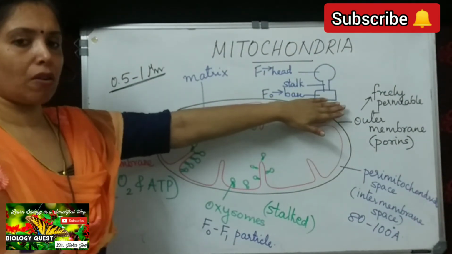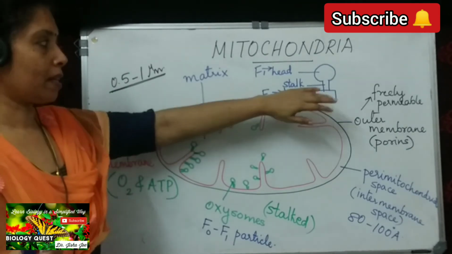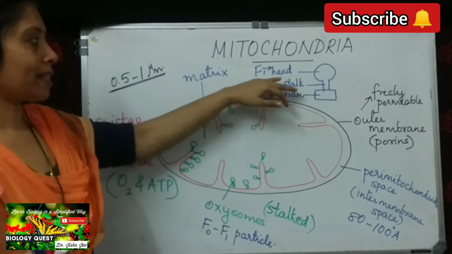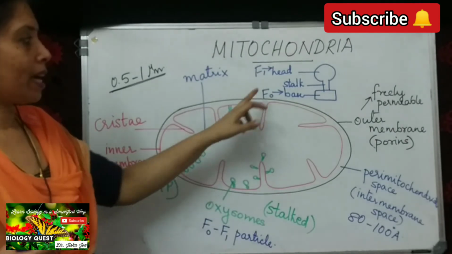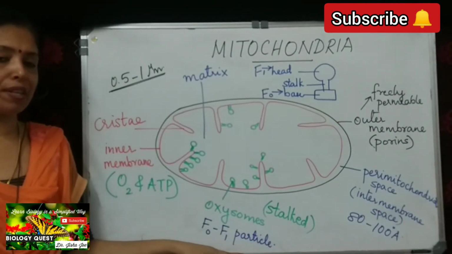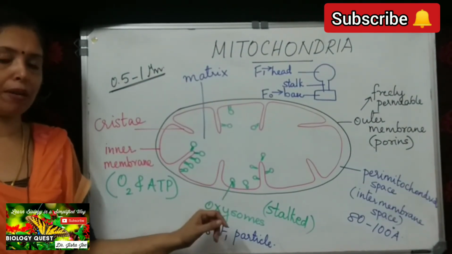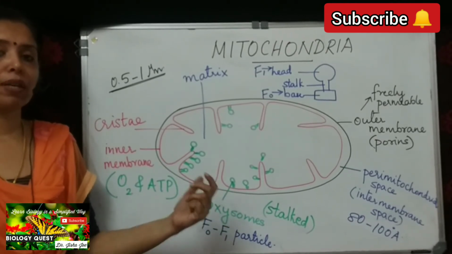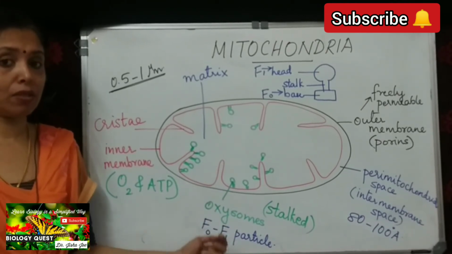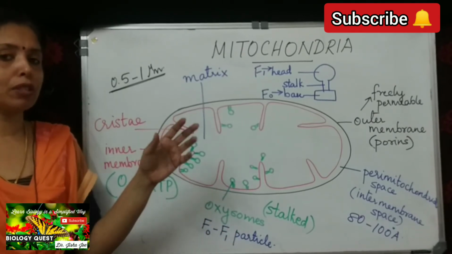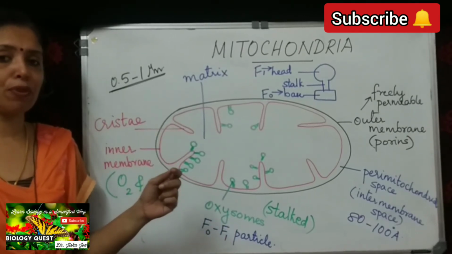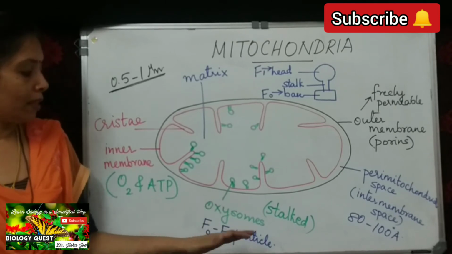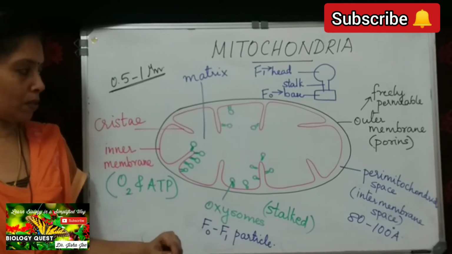The base is called the F0 particle, and the head is called the F1 particle. And so oxysomes are also called the F0 F1 particle or F0 F1 ATPase, because it is concerned with the synthesis of ATP through the process of oxidative phosphorylation. So that is with regard to the oxysomes.